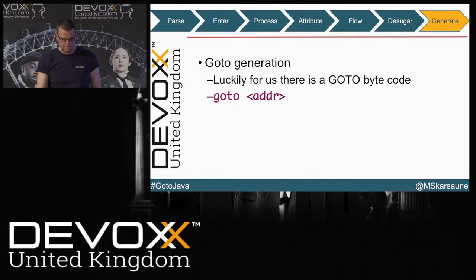So in our example, we want to make these gotos do something. And there is actually a bytecode for doing jumps already. It's called goto. So the bytecode is goto, and then you set an address that it should go to, a bytecode index.